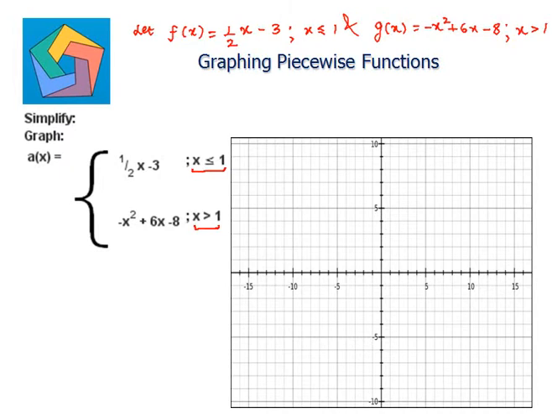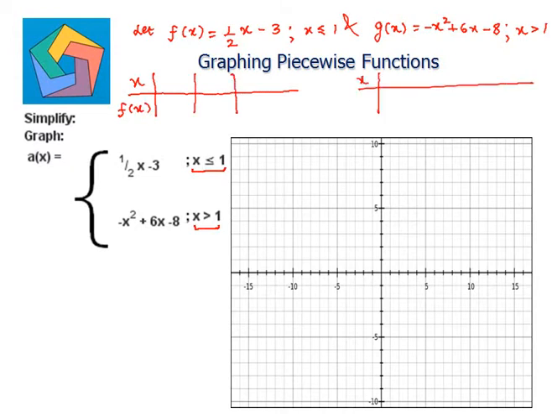One t-chart will be for x and f(x), and one will be for x and g(x). So for f(x), let me take the values less than or equal to 1: negative 1, 0, 1. And for g(x) it should be greater than 1.